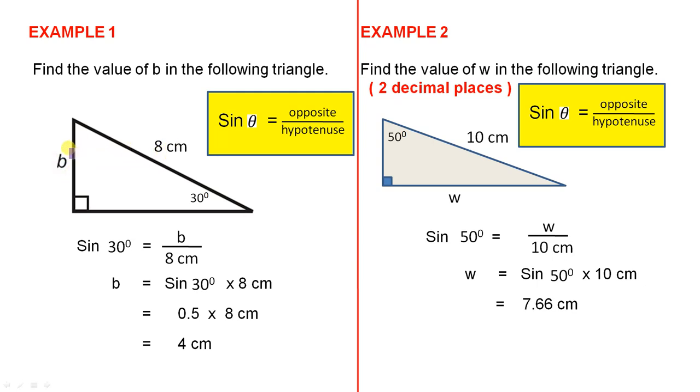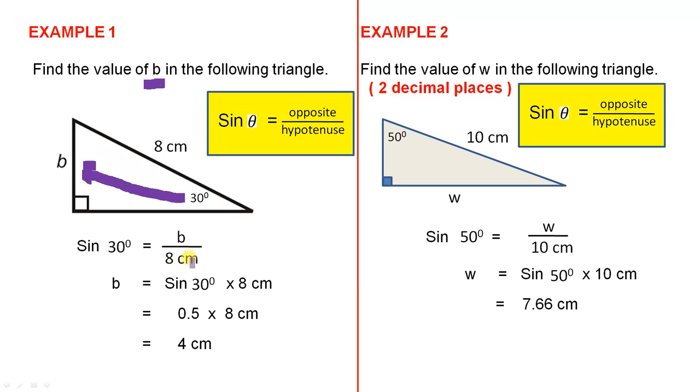So we have to find that side there, because that's what the question is, to find the value of b. So sine theta equals opposite over hypotenuse, which is b over 8. Of course, that's the opposite, and that's the hypotenuse, which is opposite the right angle. So sine 30 equals b over 8.